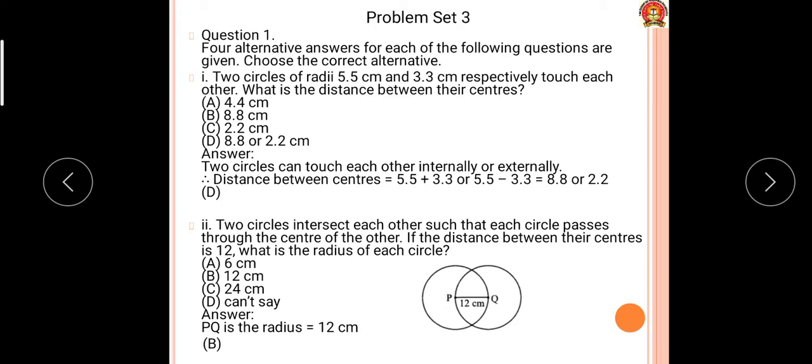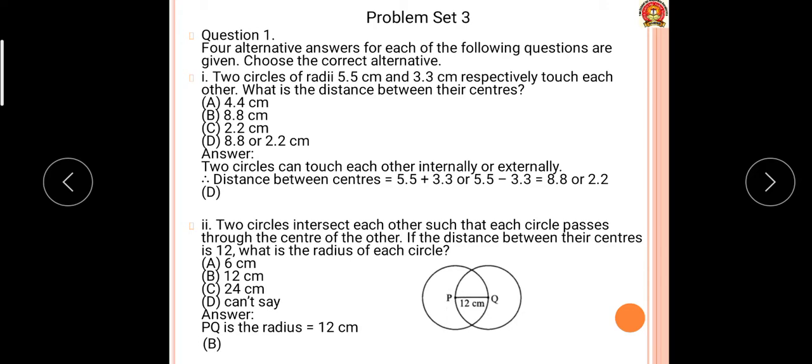Now if you are observing these two, what is given here? Two circles intersect each other such that each circle passes through the center of the other. Means Q is the center of one circle, P is the center of another circle. So one circle passes through the center of the other circle.